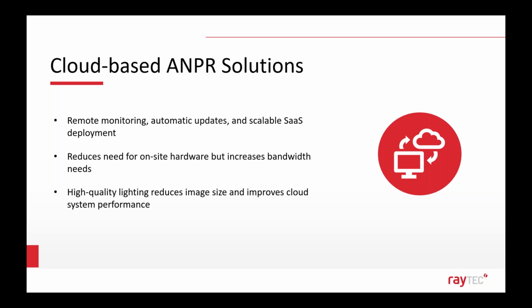Cloud-based ANPR systems, again, are something that's on the rise, offering remote updates, monitoring, and easier scalability. However, high bandwidth demands make image size important, and in order to combat this, a lot of the camera operators have compression algorithms. Now, the problem, and we see this very commonly, is if you've got an image that's relying on general area lighting, then there'll be a degree of noise in the scene.